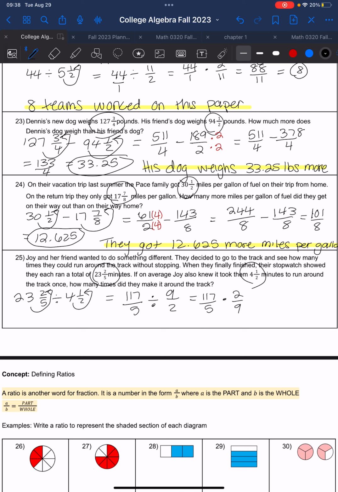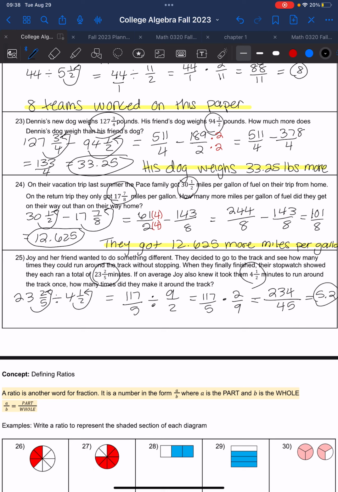Got to flip that second fraction. And then multiplying across, we get 117 times 2, which is 234, and 5 times 9, which is 45. I'm going to go ahead and make that into a decimal. And I get 5.2.